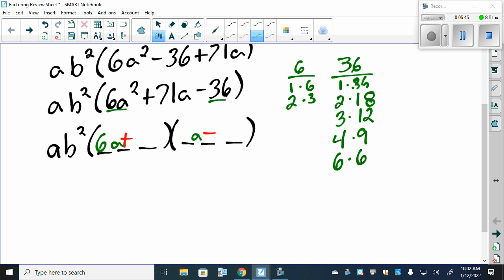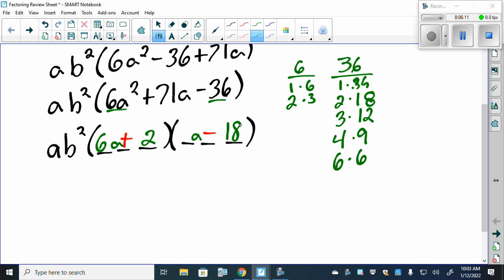Which one do we want to try first? We can. But did we have a greatest common factor to begin with? Right, there's no greatest common factors here. Well, 6 and 2 can't go in the same set of parentheses, because then we would have a greatest common factor.